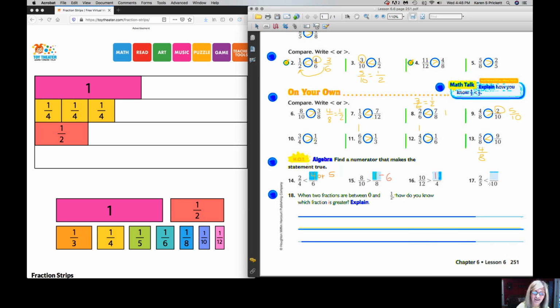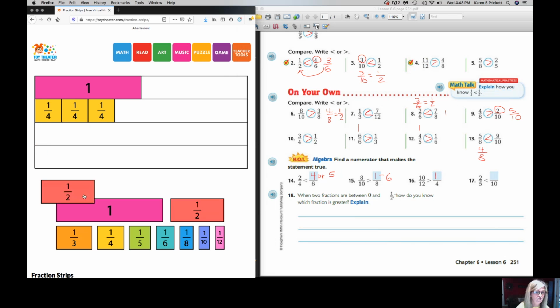2/5 is less than how many tenths? So this number is going to need to be larger. 2/5, we can use our virtual fractions over here and take a look at those. Let's pull up 2/5 here and use some tenths. So it could be 1/10. I'm sorry. 2/5 is less than, and so we're going to need enough tenths for it to be bigger than 2/5.